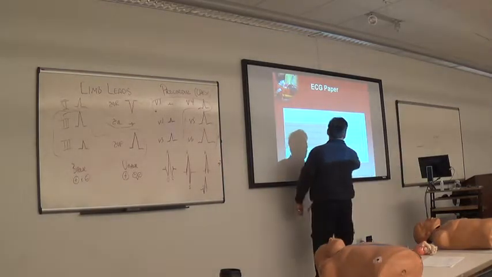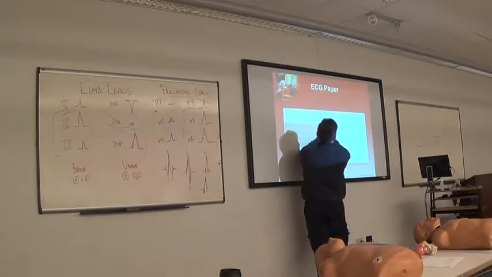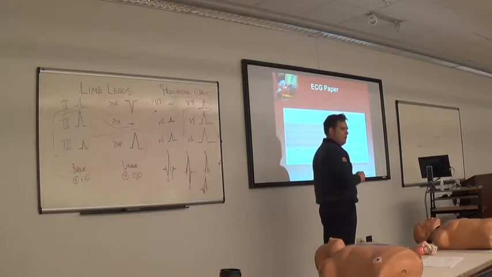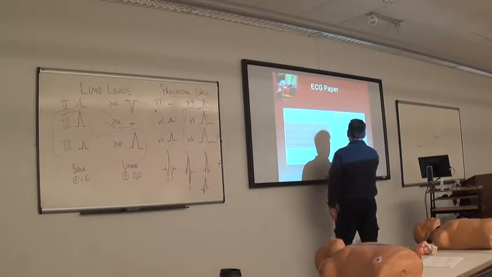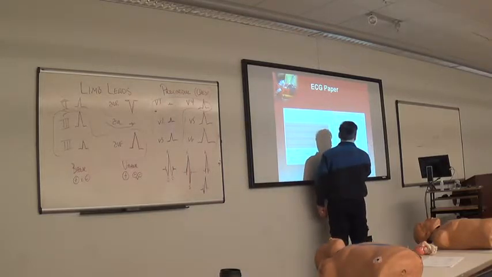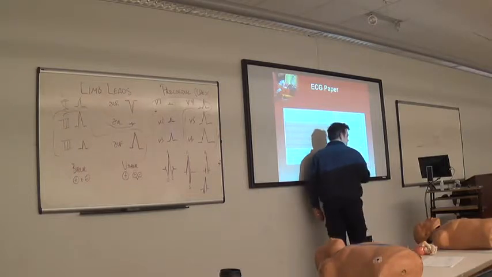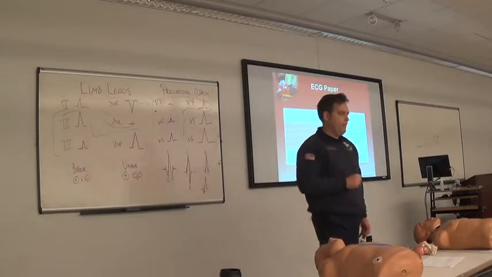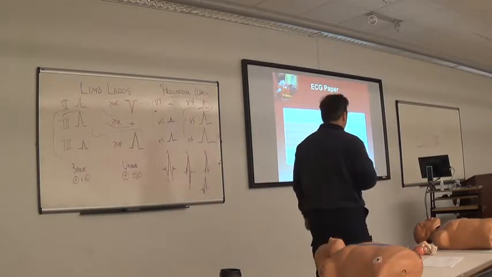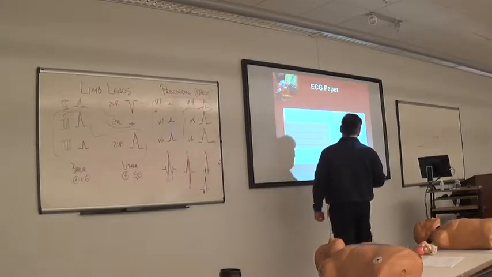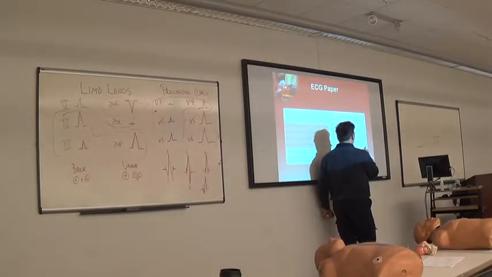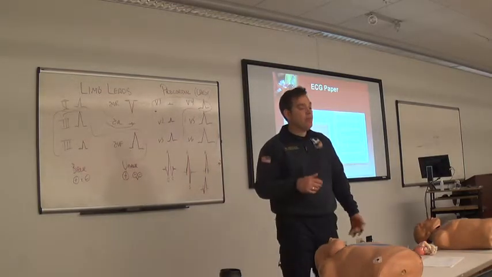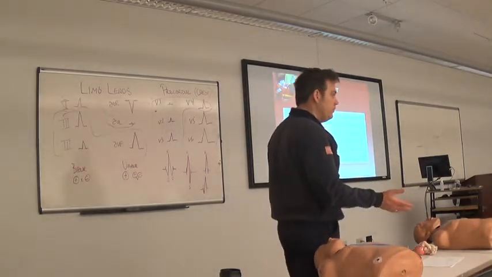Each one of these little boxes represents 0.04 seconds. So if I have 5 little boxes, what would one big box be? 0.20. 0.04 times 5 equals 0.20.